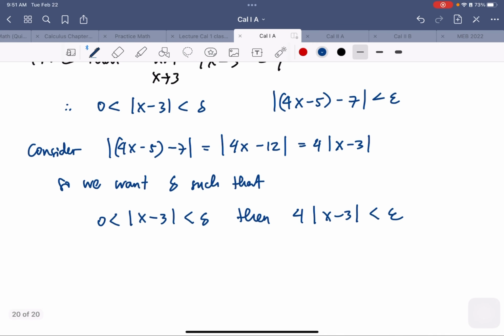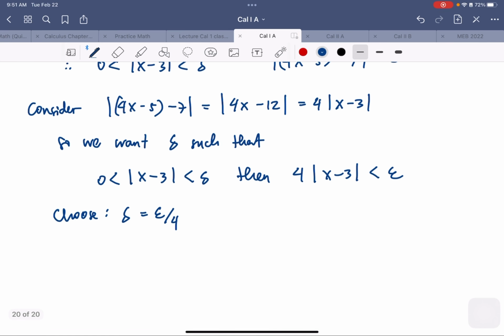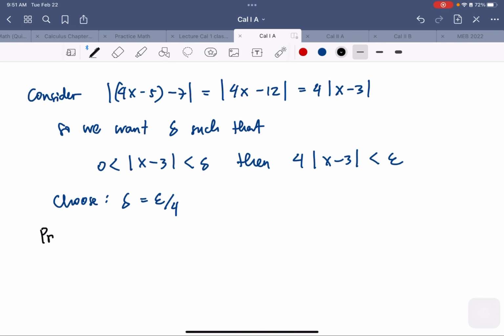So first we try delta equal to epsilon over 4, or we choose delta to be epsilon over 4, and then the later part we need to prove.